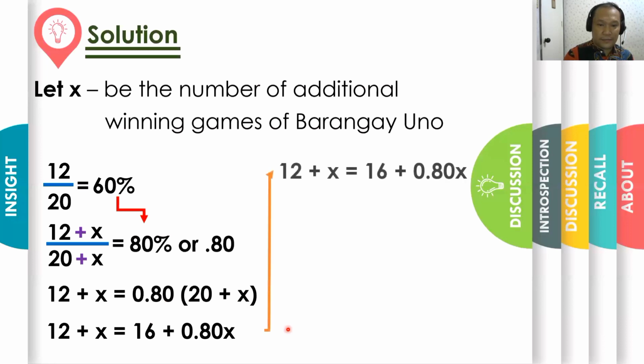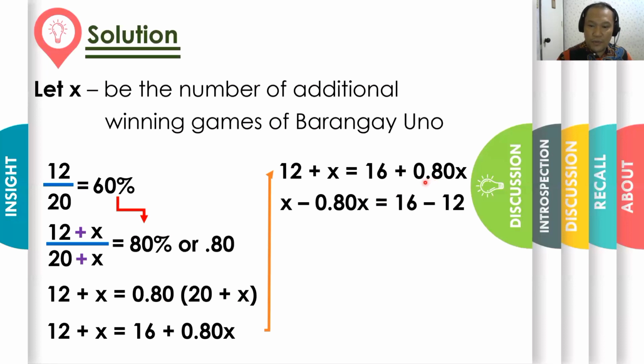Next, we are going to transpose 0.80x to the left side, making it negative 0.80x, and transpose 12 to the right side, making it minus 12. Then 1x minus 0.80x is equal to 0.20x. On the other hand, 16 minus 12 is 4.